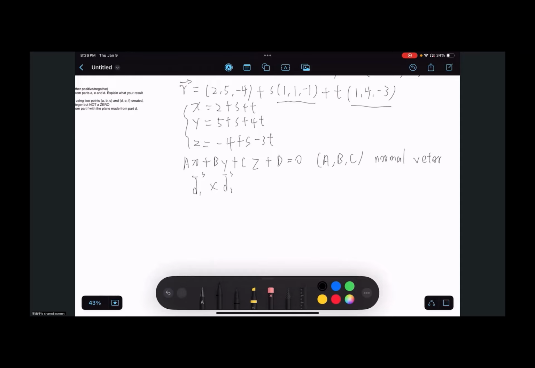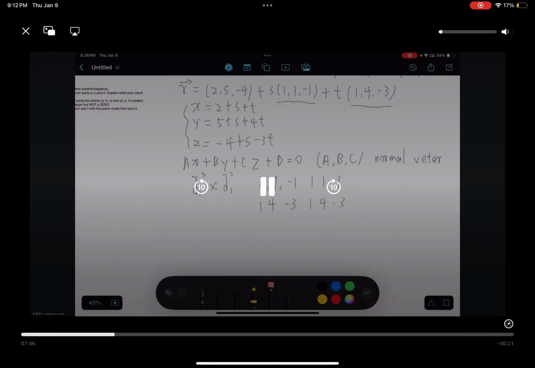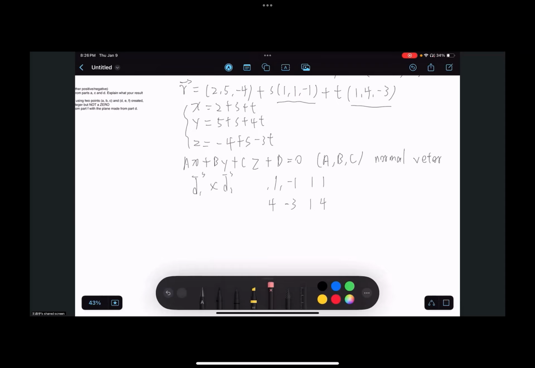After calculating, we find the normal vector is 3 plus 4 for the first component, then 1 and 2, and 4 minus 1 is 3.